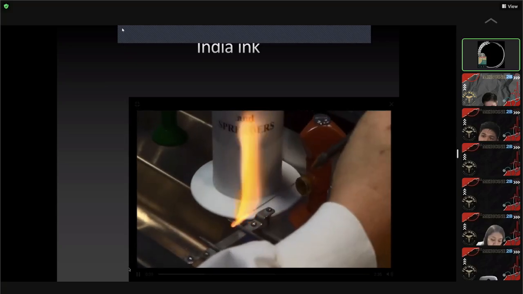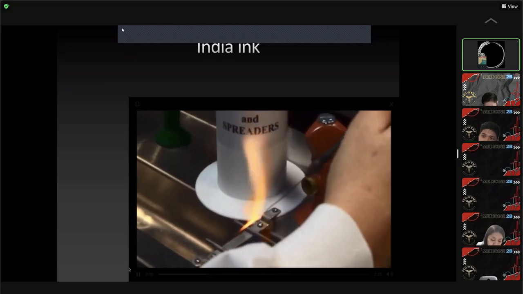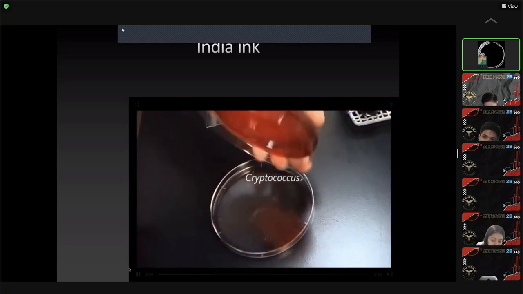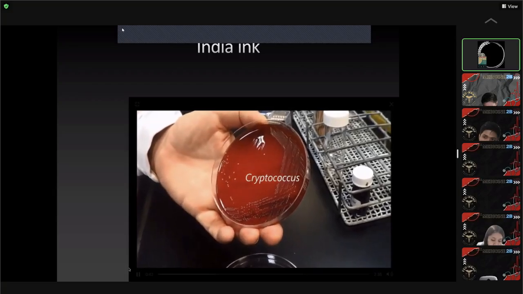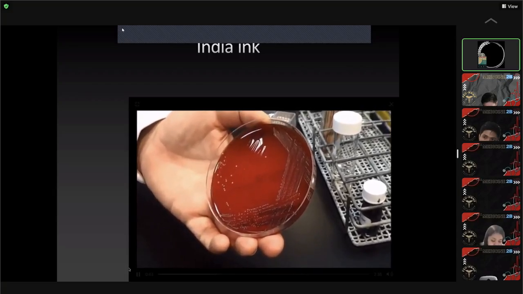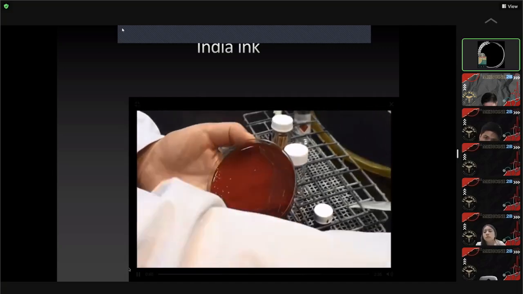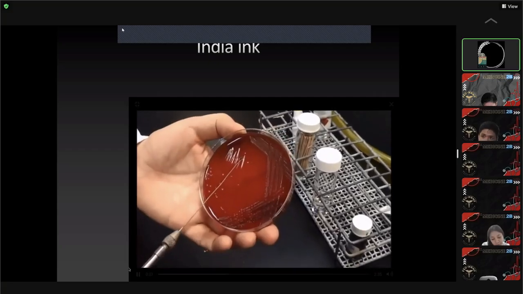Re-sterilise the loop. Take a small amount of growth from a well-isolated colony on a blood agar plate. Make a light suspension by emulsifying the yeast in the saline.